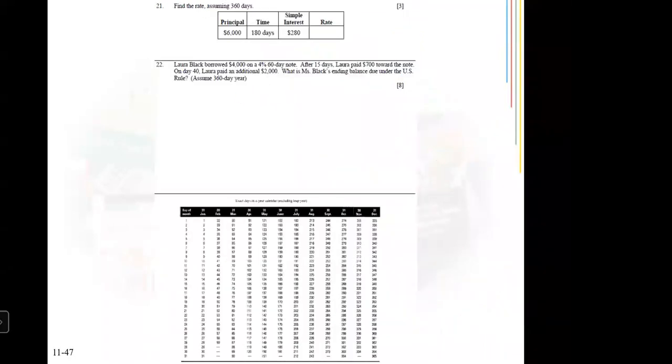All right, so the last page we have, okay, we have to find the rate. So rate is equal to interest over principal times time.